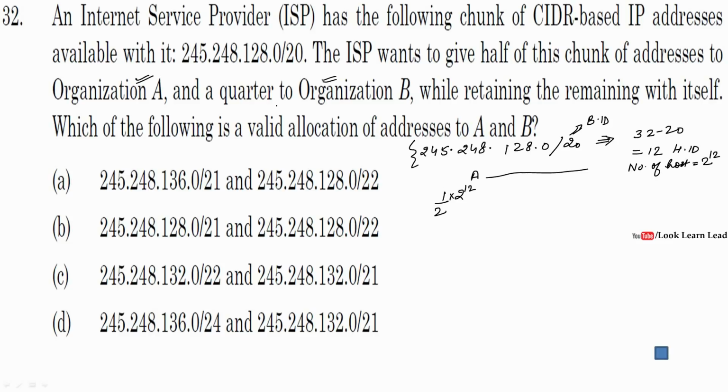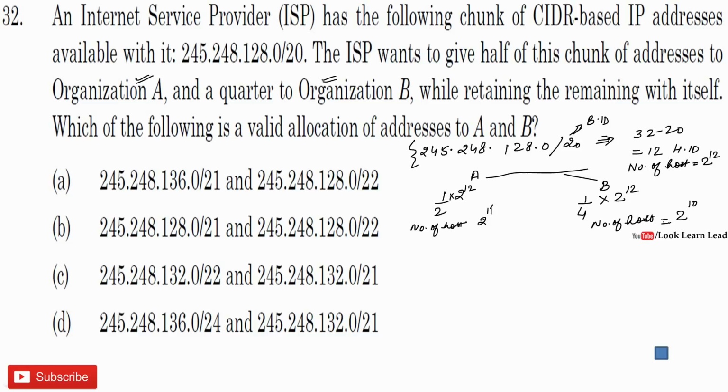Okay, and the quarter to organization B. So organization B would contain 1/4 of this 2 to the power 12. So for organization A, number of hosts will be 2 to the power 11, and for organization B, number of hosts will be 2 to the power 10.